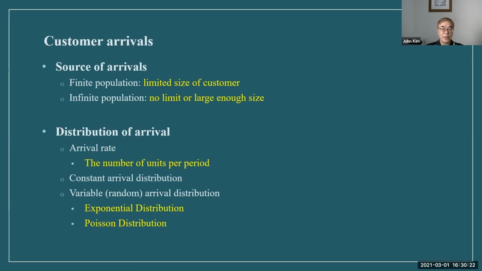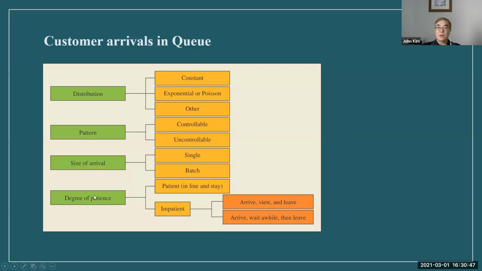But usually in most cases, the customer arrival distribution is variable or random, usually an exponential distribution or Poisson distribution. Customer arrival in queue distribution we already covered, constant or random.